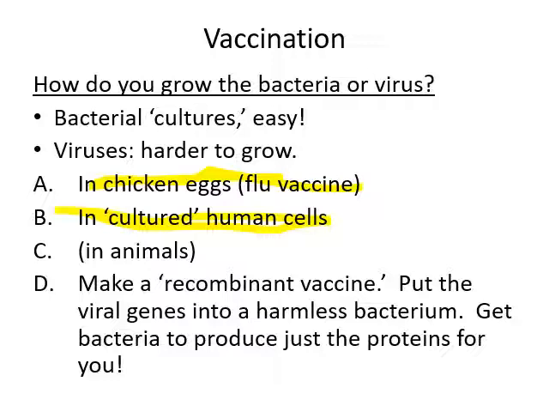Or thirdly, you can grow them up inside certain types of animals. They used to grow certain vaccines inside pigs or horses sometimes. They inject a live bacteria inside a horse. And then the horse actually makes antibodies in its own blood, and then you take the antibodies out of the horse's blood and you inject them into a person who's been infected with something.